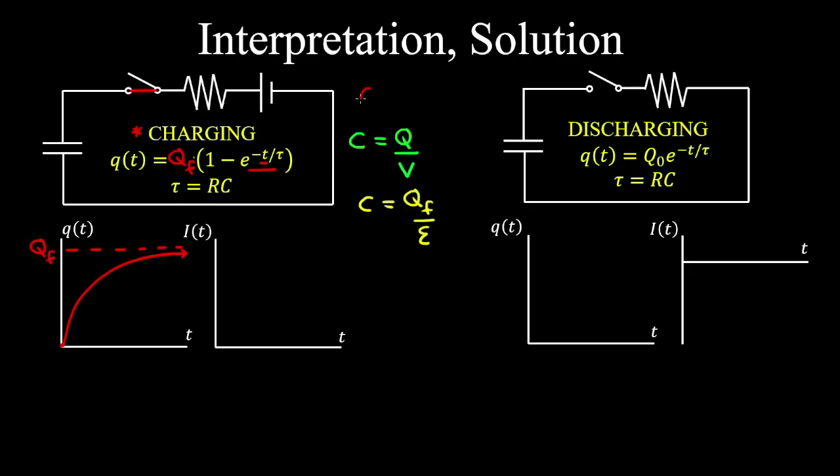And we can see that the charge stored on the capacitor is proportional to the voltage. So therefore the voltage across the capacitor behaves the same way. Now if we differentiate this expression, we get the current. So that's equal to QF on tau, which is the resistance by the capacitance, by e to the minus t on tau.